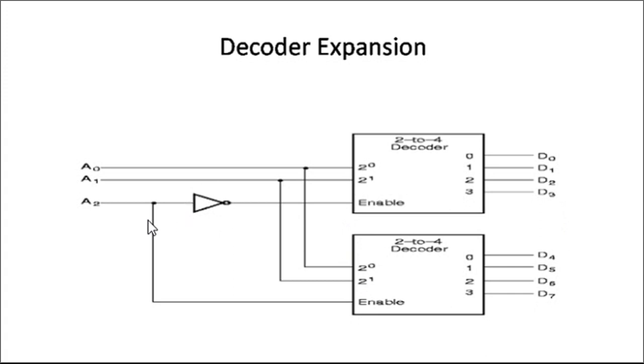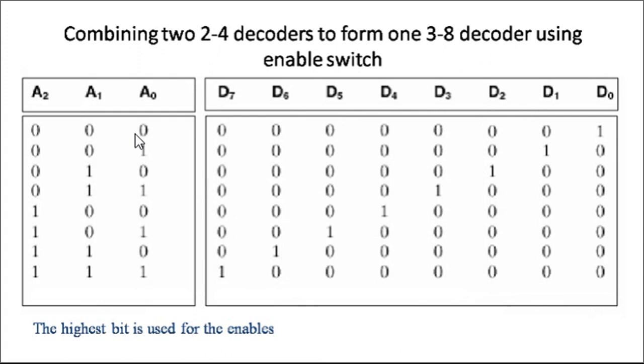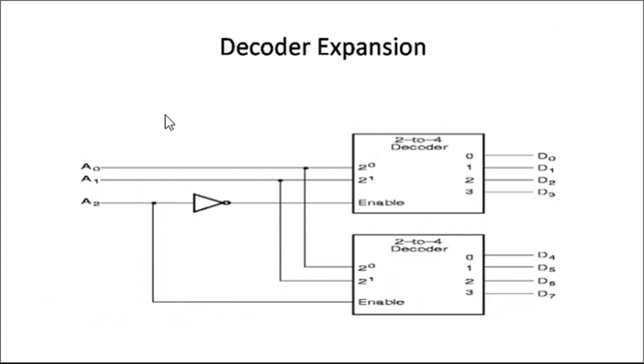So what will happen when all are 0 0 0? See the truth table: A0 is 0, A1 is 0, A2 is 0. What will happen? See, all are 0. In that case, this 0, due to this inverter, it is 1.